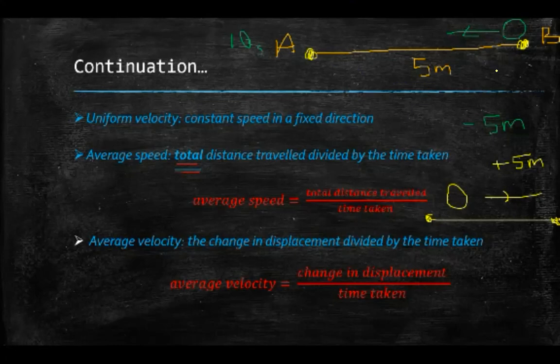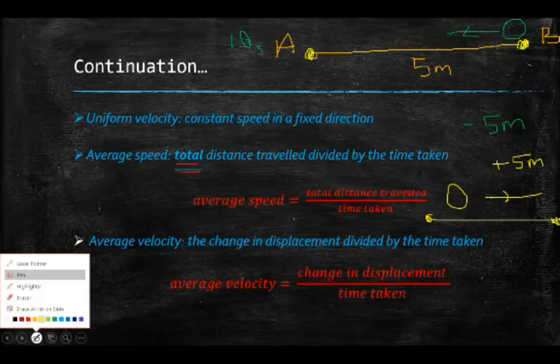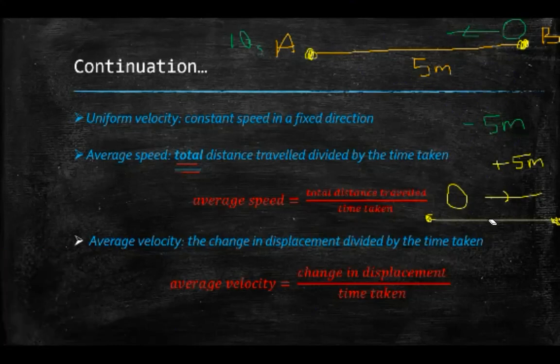But I'm moving in the opposite direction. Instead of moving to the right, I am moving to the left. And that is why I said the displacement, not distance, displacement, which has both magnitude and direction, would be negative 5 meters. Do you understand that? If not, I can explain it again. I just need you to let me know.